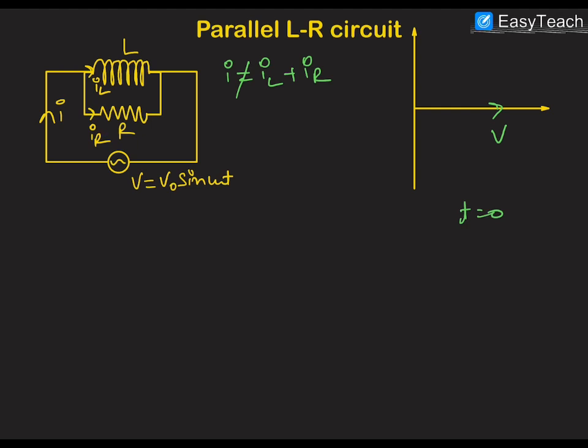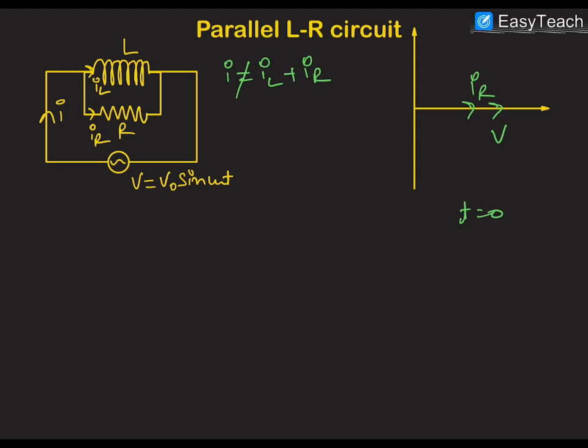So the current of the resistance IR will be in the same phase with the voltage, and the inductor has a phase difference of pi by 2 between current and voltage, keeping in mind that the voltage across the inductor is ahead in phase as compared to the current across the inductor.